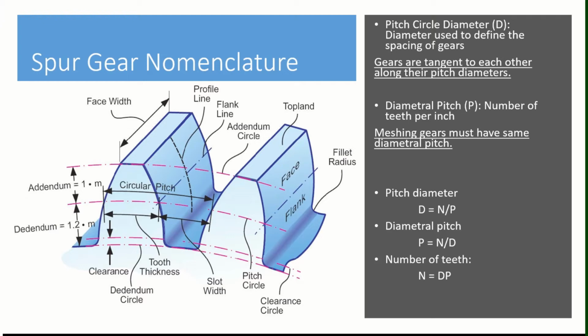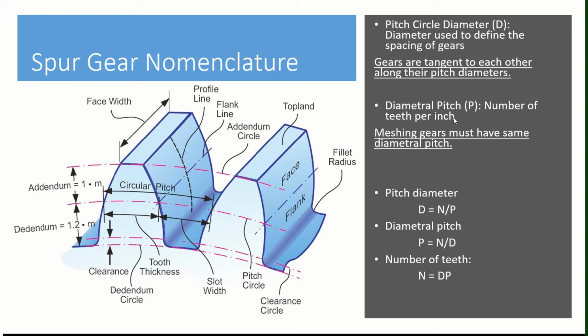For example, in this case, the diametral pitch P is given as the number of teeth per inch, exactly the way we define it in the inch system for threads, where the pitch of the thread is the number of threads per inch, and in this case the pitch of the gear is the number of teeth per inch.